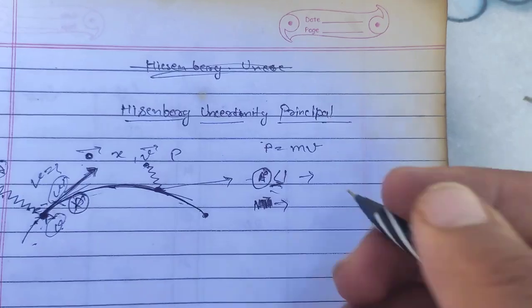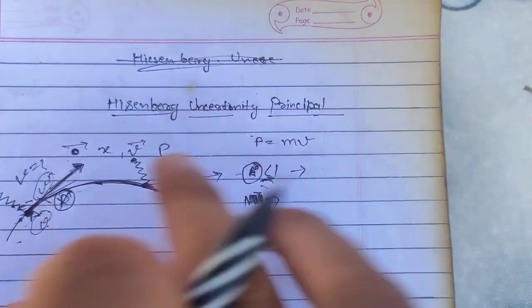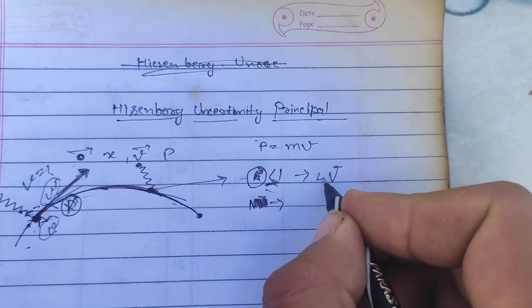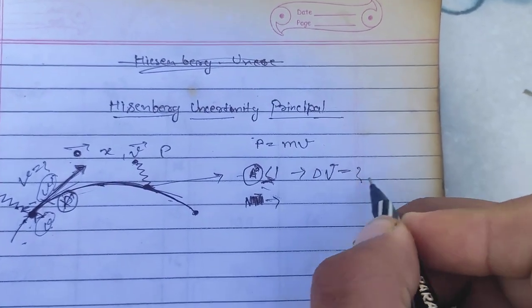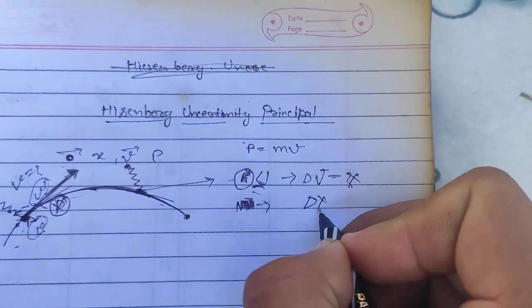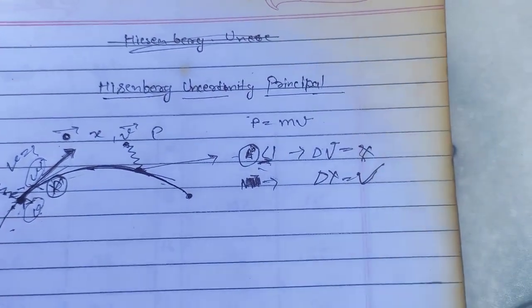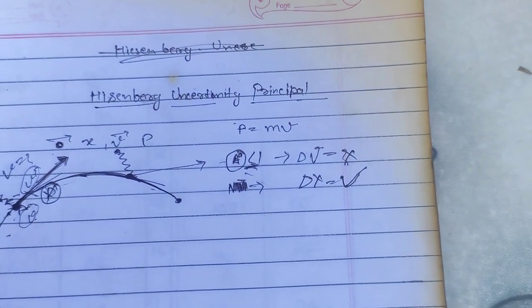Due to the high energy, the path and velocity divert. So we can't find the velocity change, delta v, but we can find the position x.